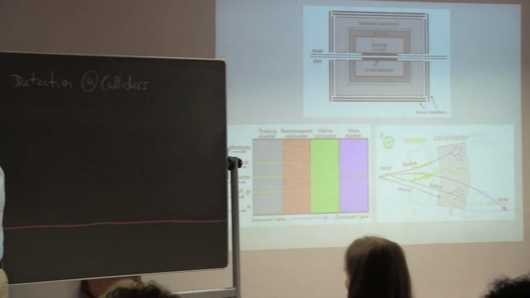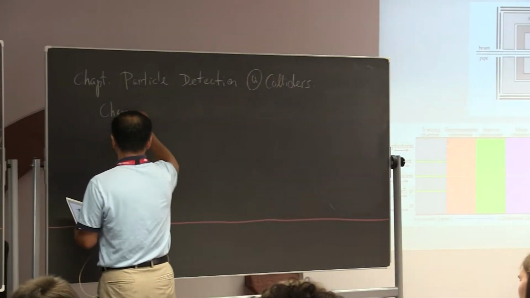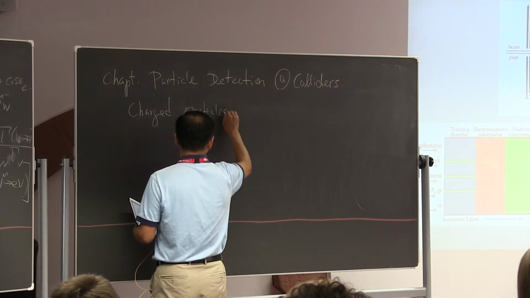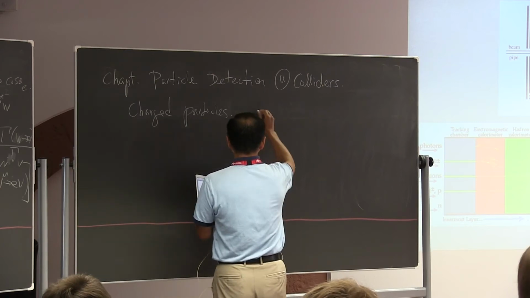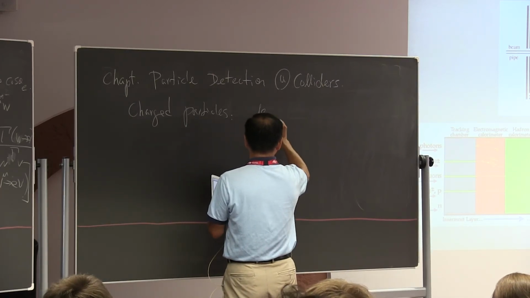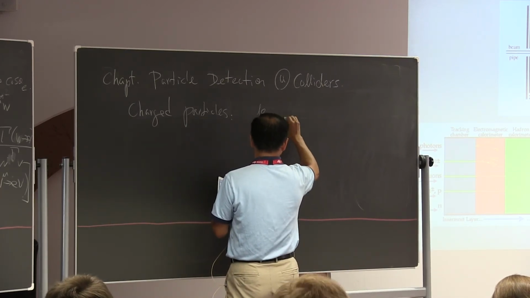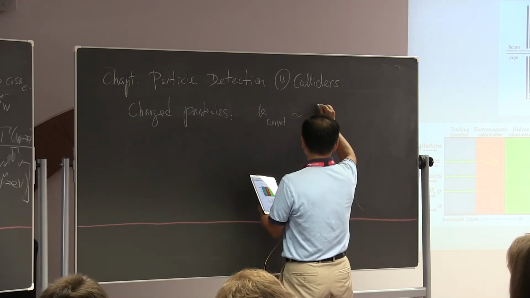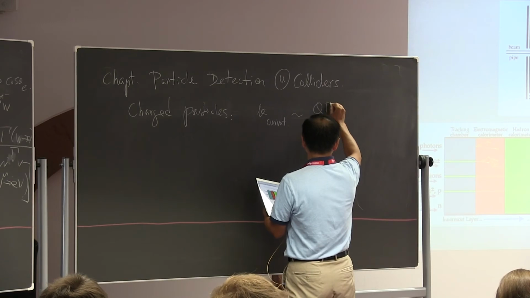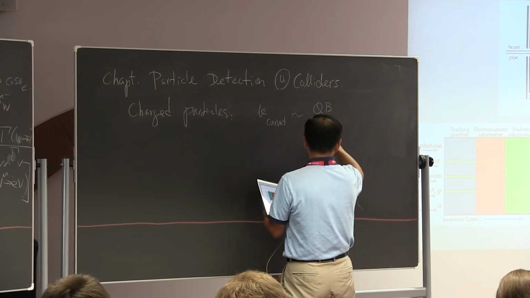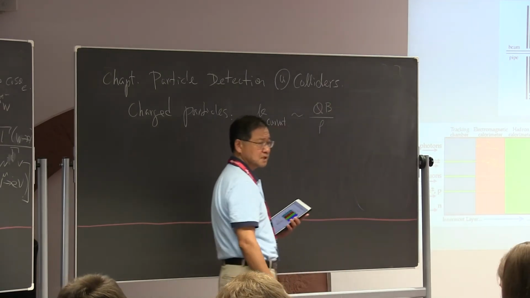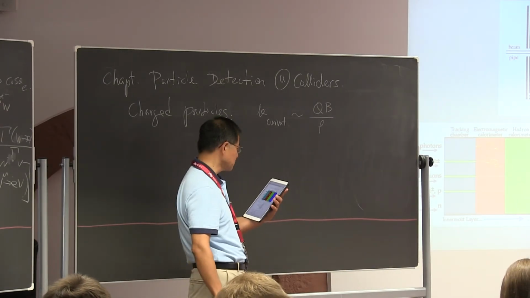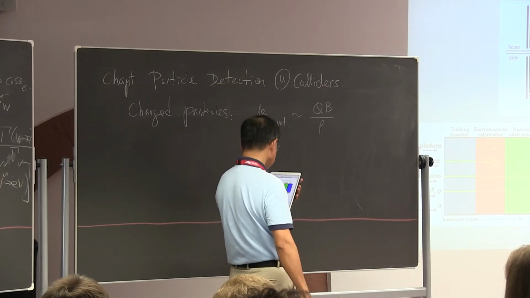So for a charged particle, you have the curvature proportional to the charge and proportional to the magnetic field, but inversely proportional to the radius. Okay, so that's the relation between the curvature and the radius. So you can decide that.